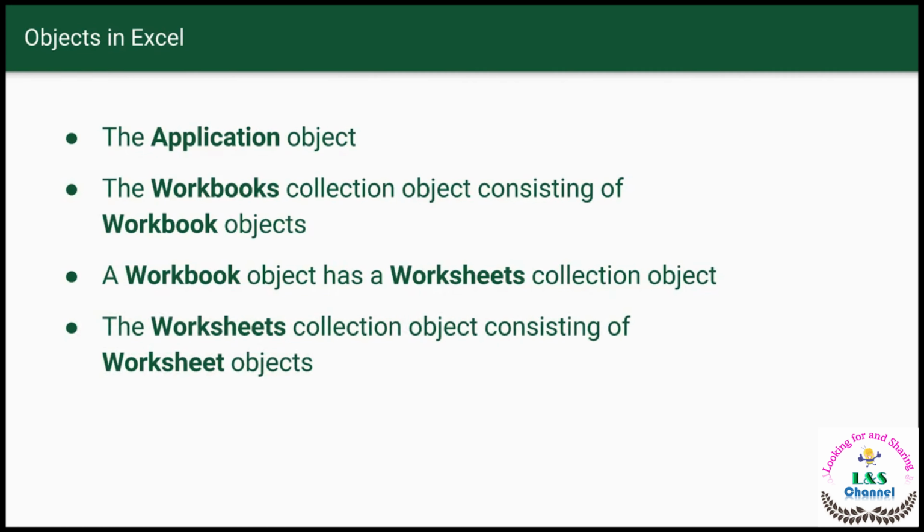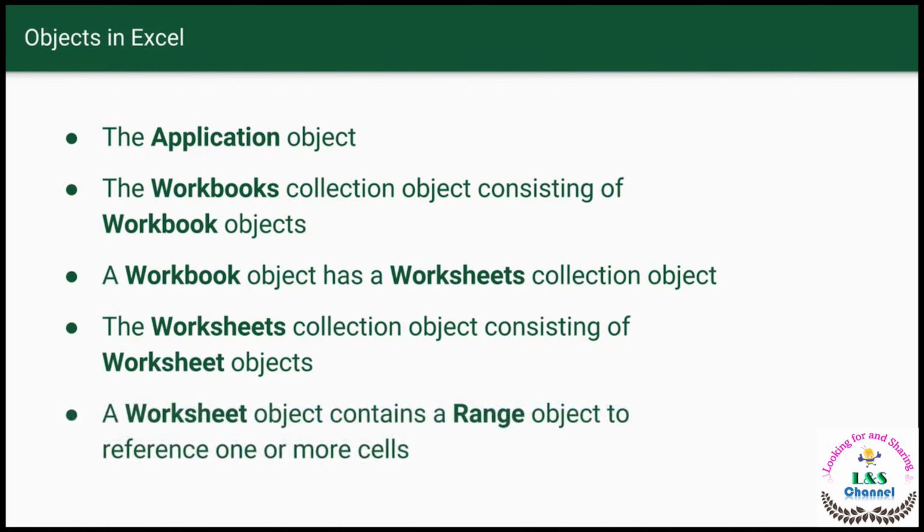All right. Using, again, the familiar parentheses syntax, we can tell this collection of worksheets that we want to target just a specific singular worksheet. And on that worksheet object, we're going to have a property called range, which is going to return another range object, which we can use to reference one or more cells.